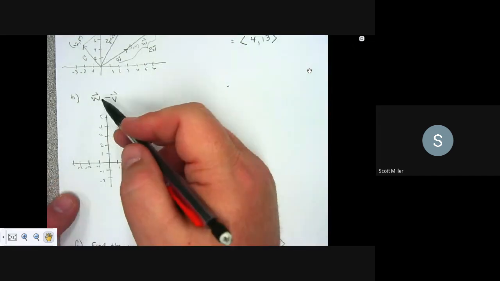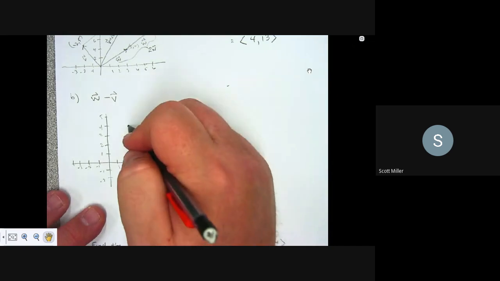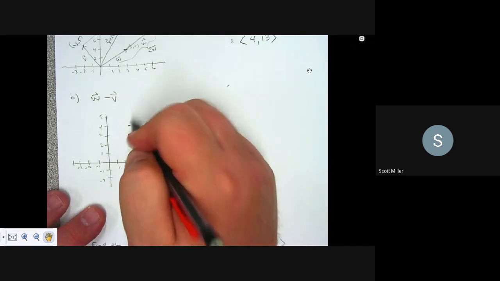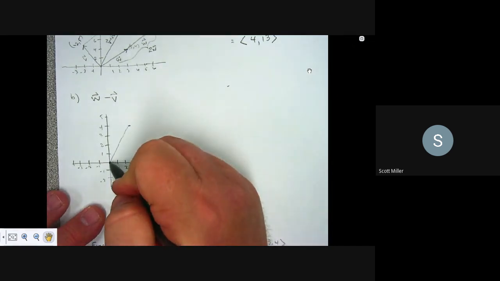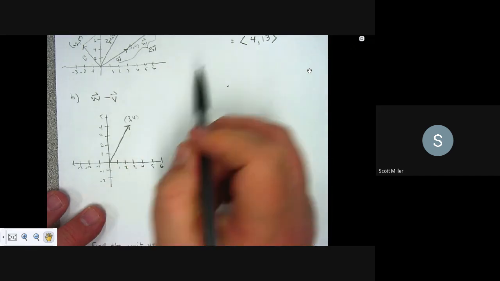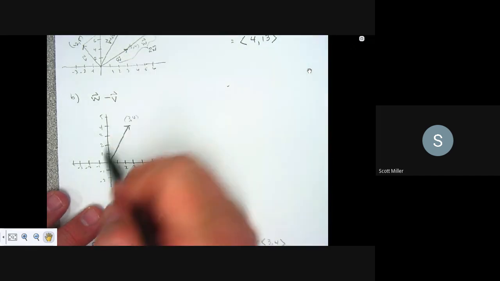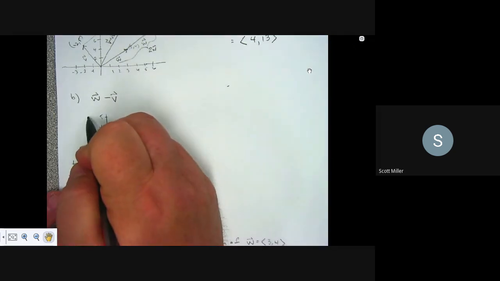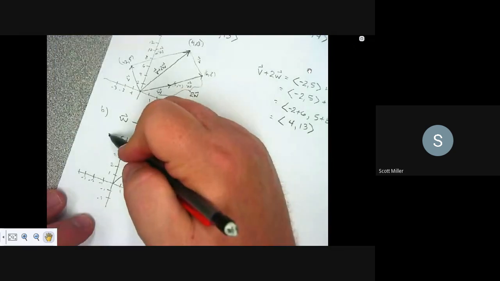So W is 3, 4. V is -2, 5. So this right here would be -2, 5.